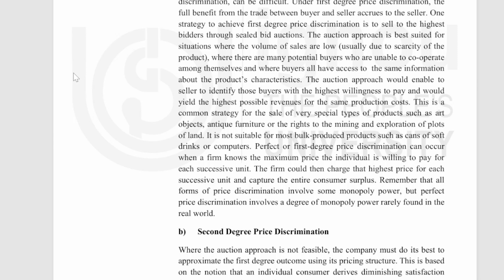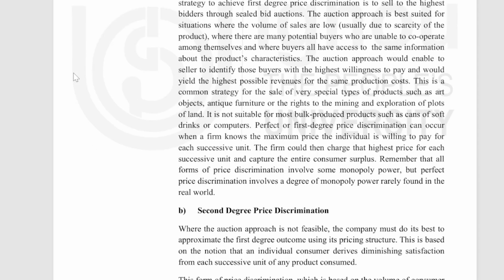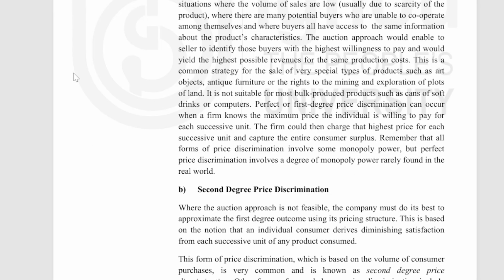The auction approach is best suited for situations where the volume of sales is low, where there are many potential buyers who are unable to cooperate among themselves, and where buyers all have access to the same information about the product's characteristics. The auction approach would enable the seller to identify those buyers with the highest willingness to pay, and would yield the highest possible revenue for the same production cost.